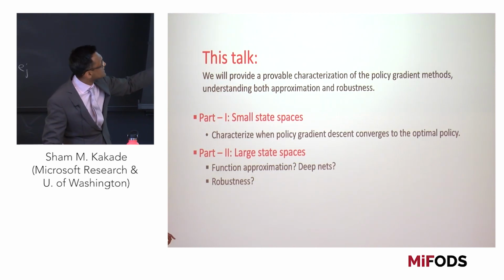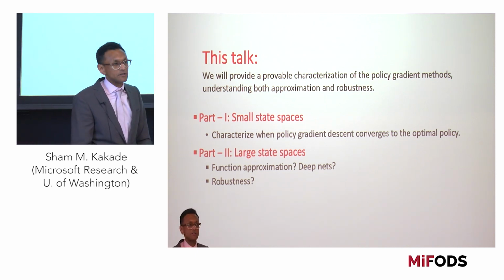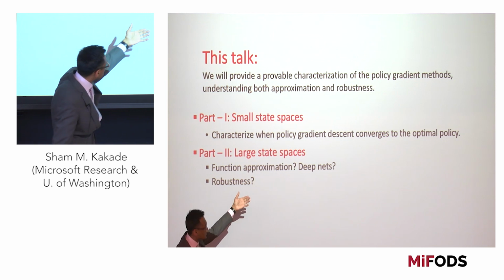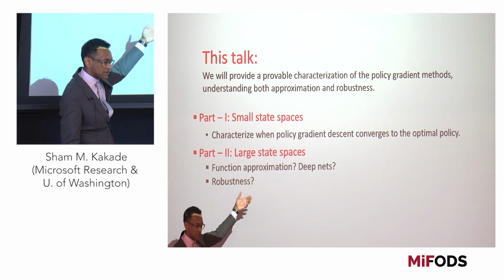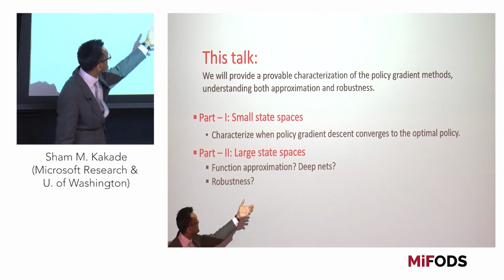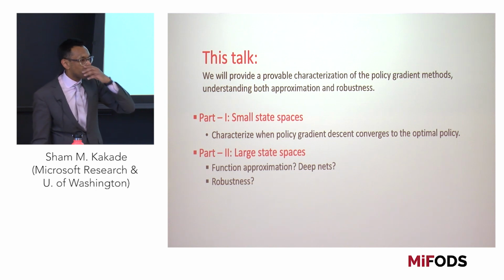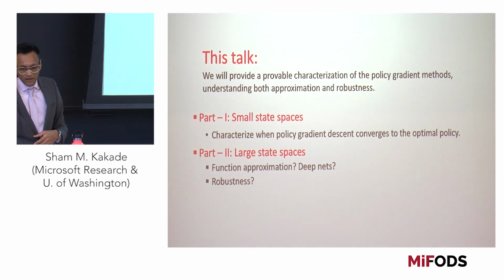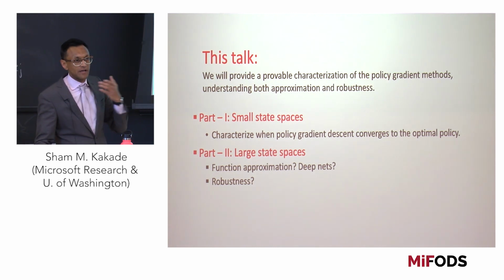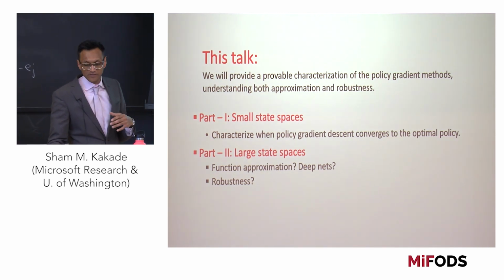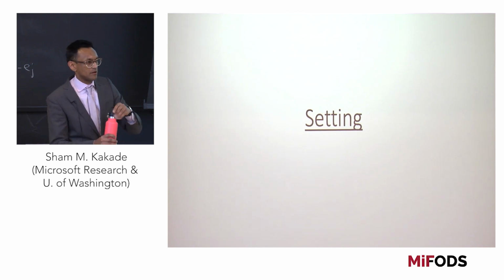And what about when we start using these methods with things like deep neural networks, where the state space is very, very big and we're using some restricted class of policy parameterizations? We might like to understand what's going on in those cases as well. So let's see what happens. We can actually characterize various global convergence properties of these methods. Okay, so questions about the game plan?